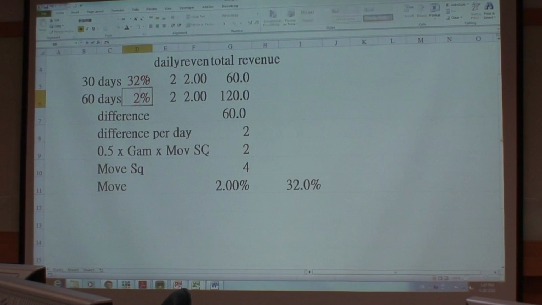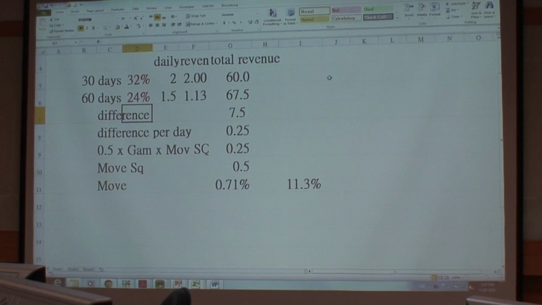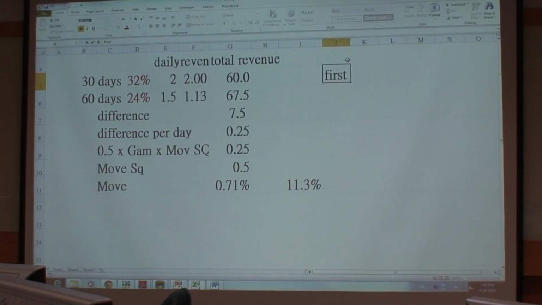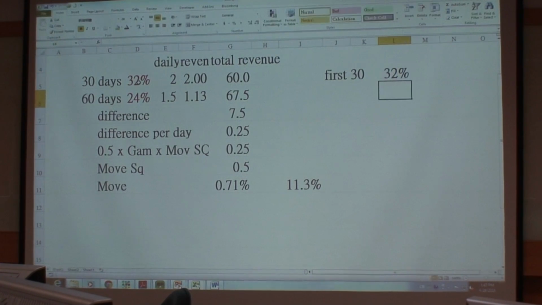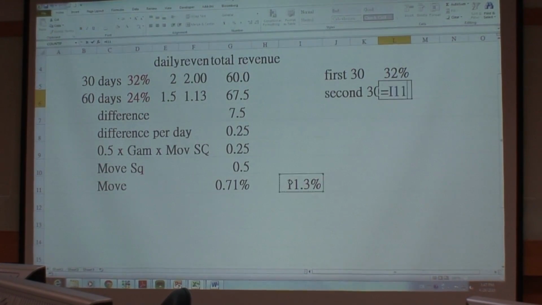So in this case, you clearly see I expect the first 30 days volatility 32, and the second 30 days, I expect volatility 11.